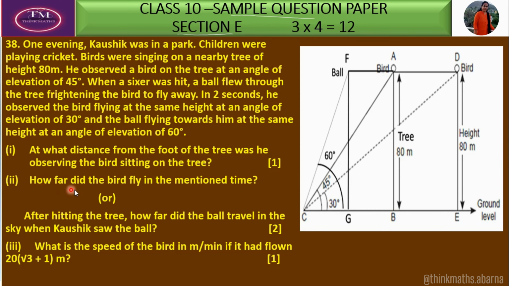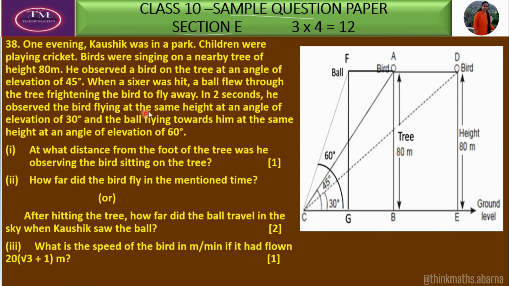Second one, how far did the bird fly in the mentioned time? Or after hitting the tree, how far did the ball travel in the sky when Kaushik saw the ball? What is the speed of the bird in meter per minute if it had flown 20 root 3 plus 1 meter? So what is the question here?